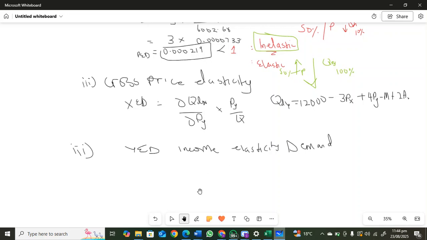This is the one which determines inferior and normal goods. Cross price elasticity determines substitutes and complementary goods. If your cross price elasticity is positive, substitute. If your cross price elasticity is negative, complementary good.